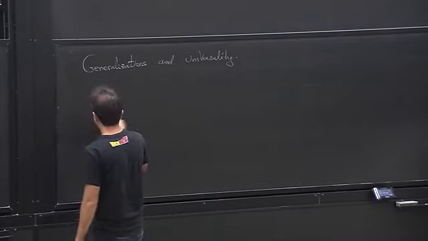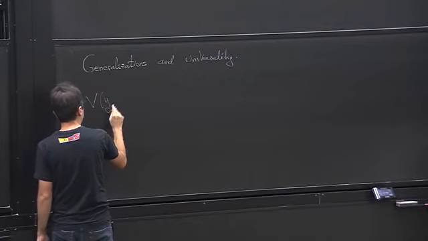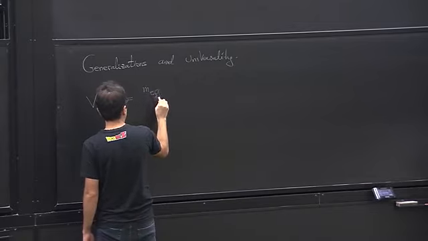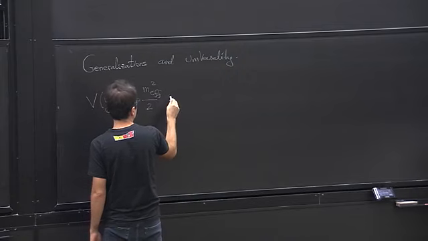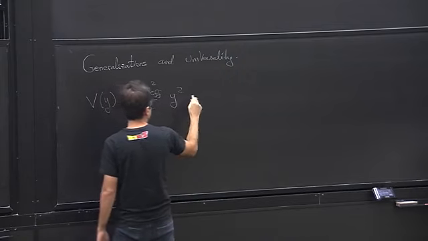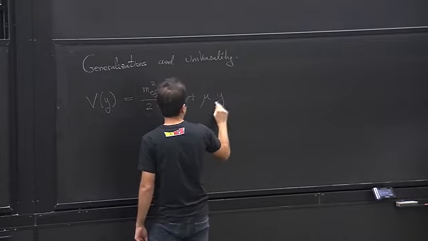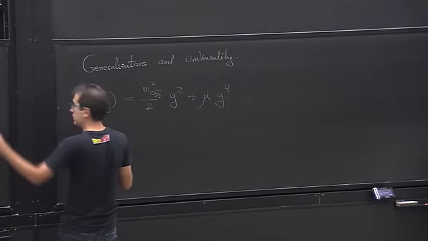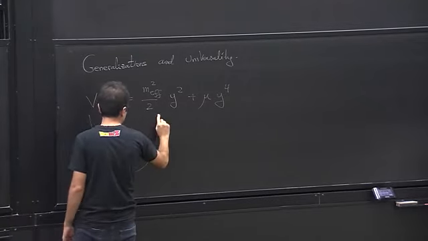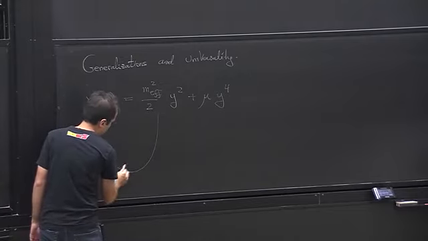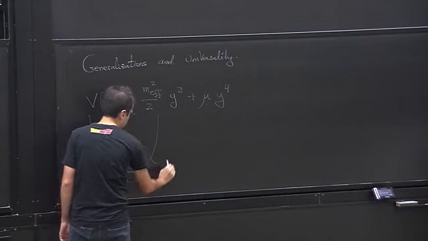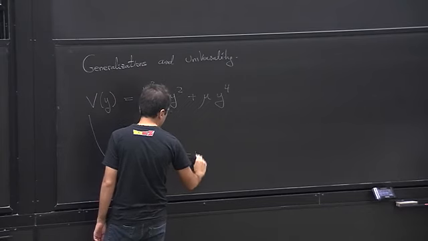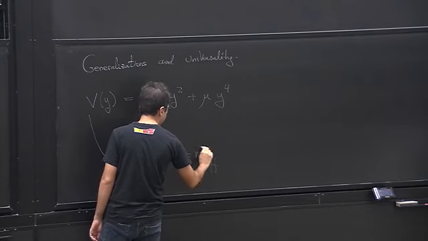First, we had some potential for y that we chose, which was this M effective squared over 2 times y squared plus mu y to the 4. So this was the potential that we have there, and that's a potential like this. And here, at the bottom of the potential, the second derivative of the potential is this effective mass squared.